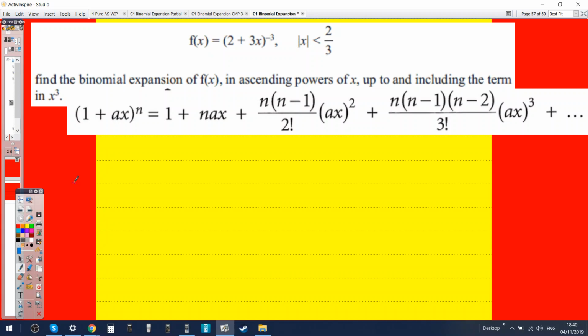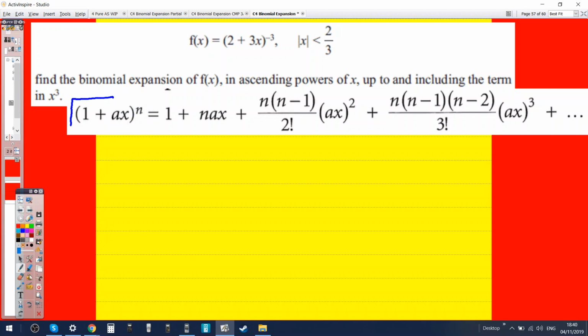Okay, so 1 plus minus 3 times... slow down, slow down, slow down. I did that thing at the start for a reason. I remember it now. This formula is for 1 plus ax to the n.